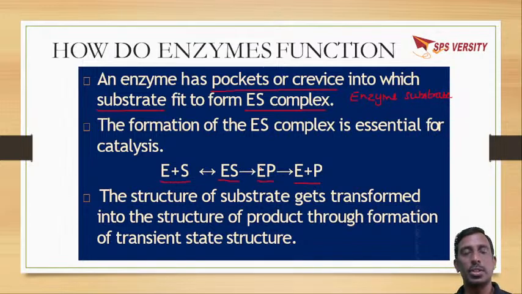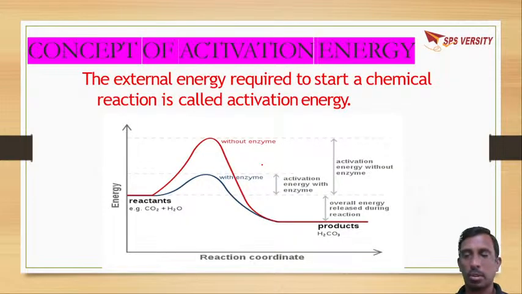The structure of the enzyme, or chemically the enzyme, remains constant. It doesn't undergo any changes except the substrate to product. So during a catalyzed reaction, there is no change in the structure or chemistry of the enzyme. Only substrate is transformed into product.